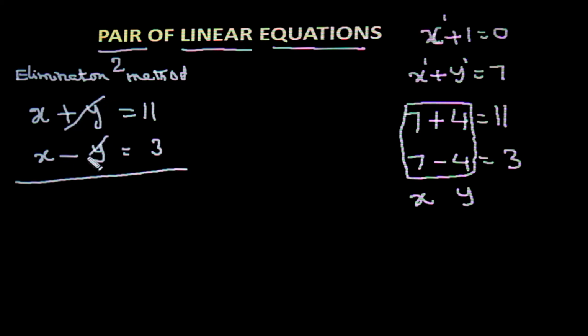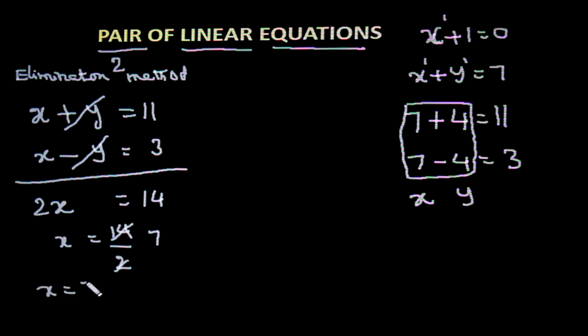Plus y and minus y get cancelled. x plus x, 2x. 11 plus 3, 14. Then 2x is equal to 14, so x is 14 divided by 2. 2 sevens are 14. Therefore, x is equal to 7.